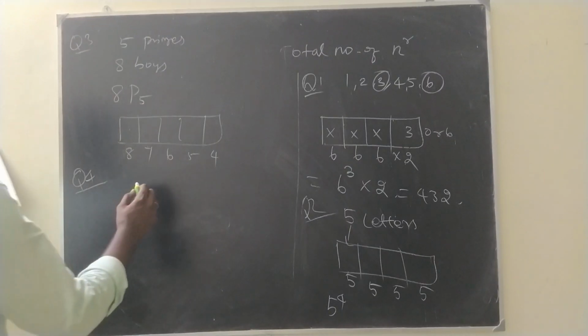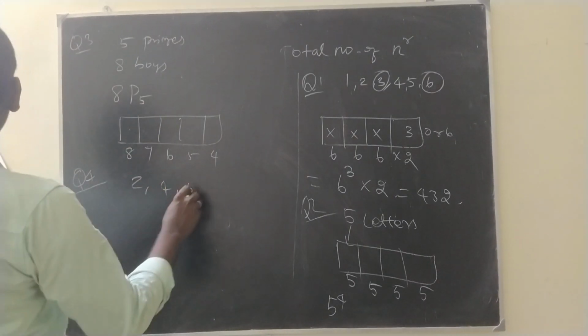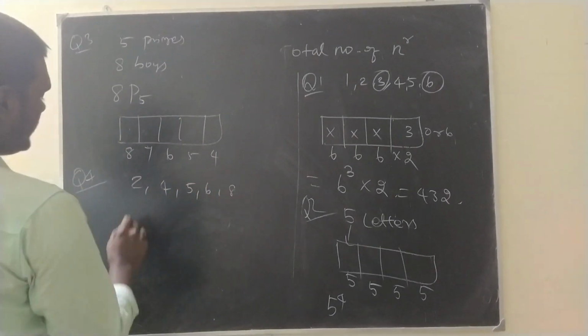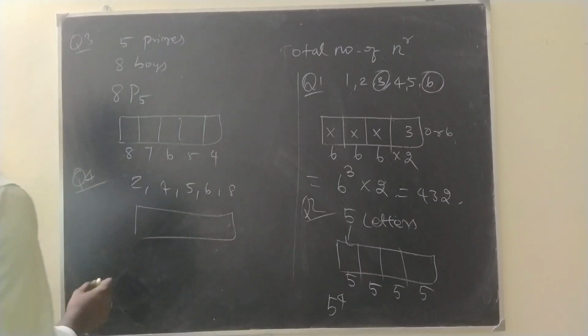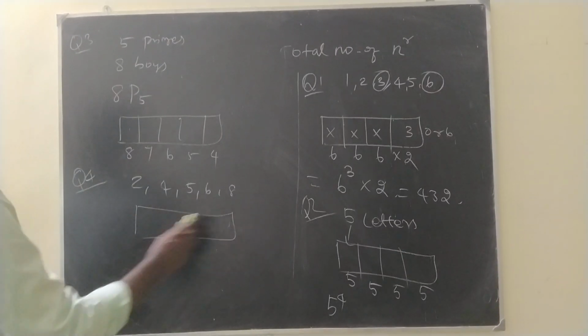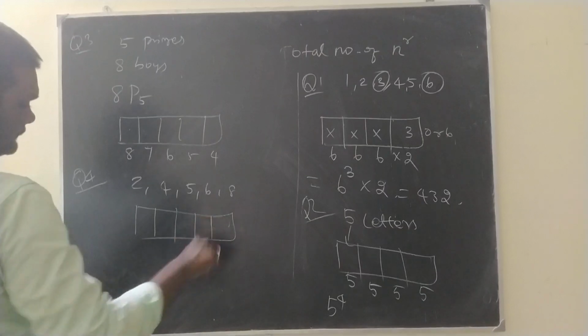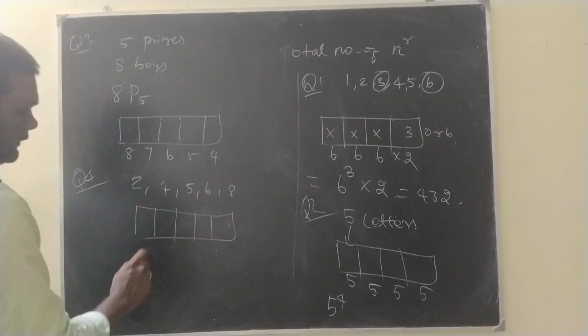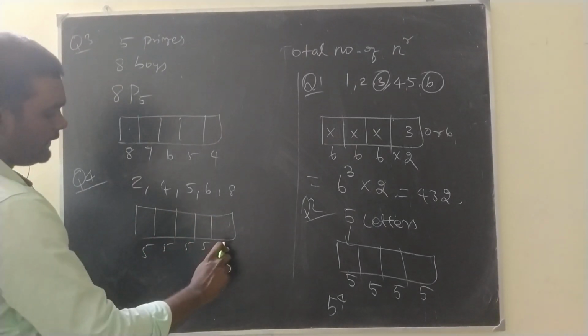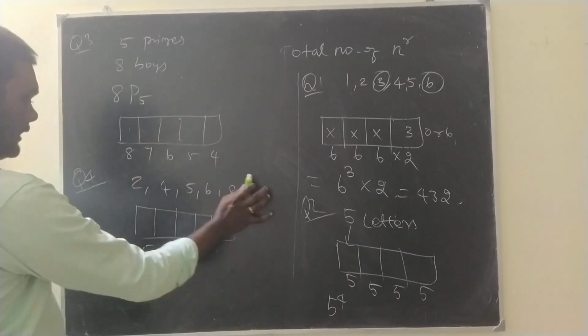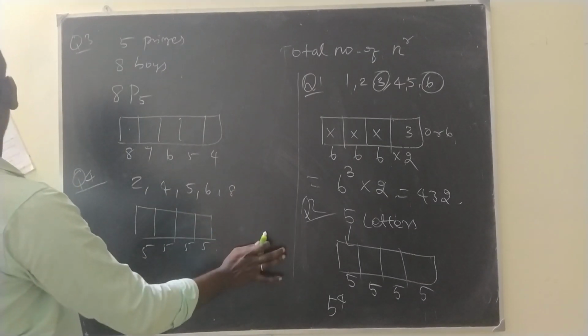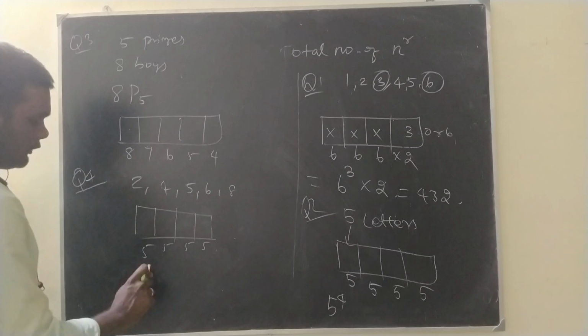We have been given these digits 2, 4, 5, 6, 8. When repetition is allowed, how many 4-digit numbers can we make? Here 5, here 5, here 5, here 5. So 5 power 4 total.